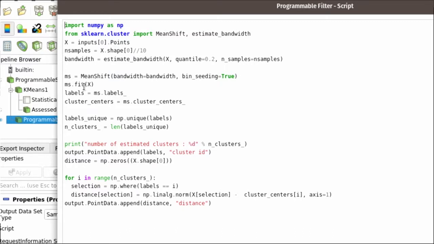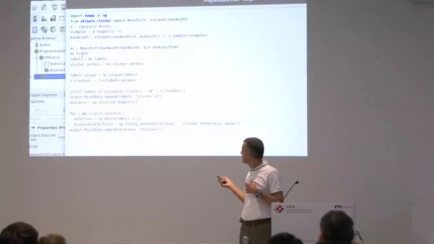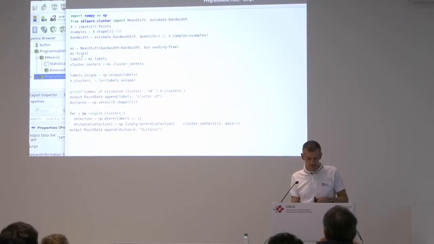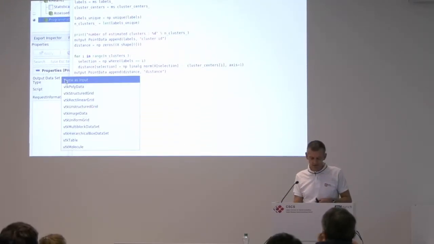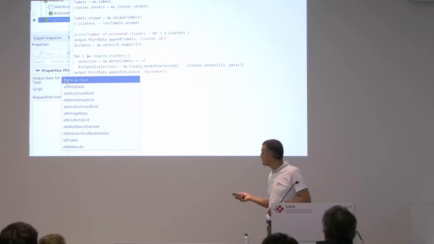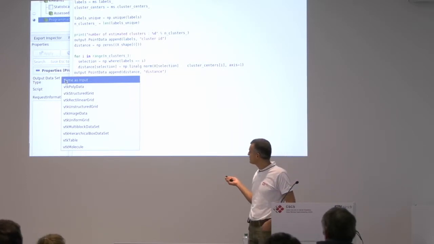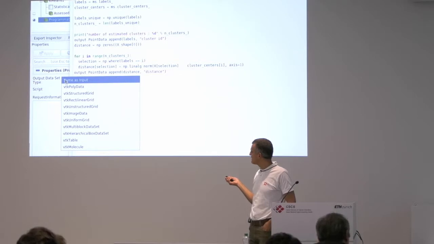If we go back to something I went over pretty quickly yesterday, for each of the grid types, I have put in the slides an example of how to generate a structured grid, how to generate a rectilinear grid, etc. At least up to this. And by the way, see, I also have here a type VTK molecule.